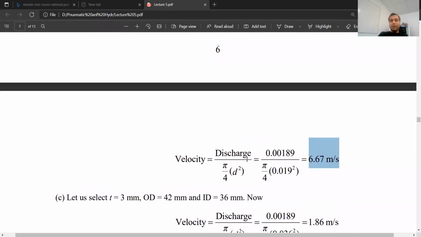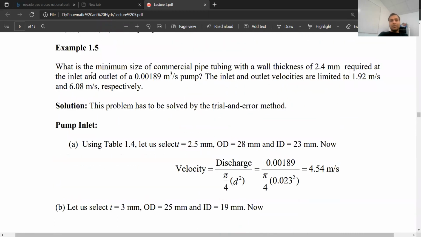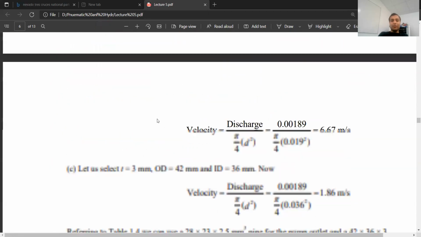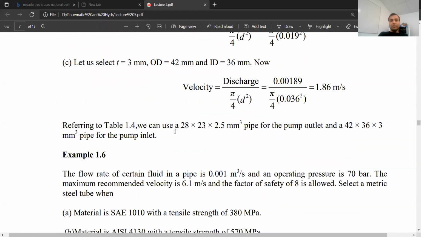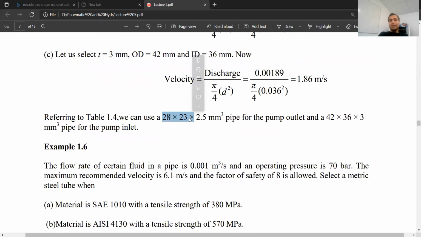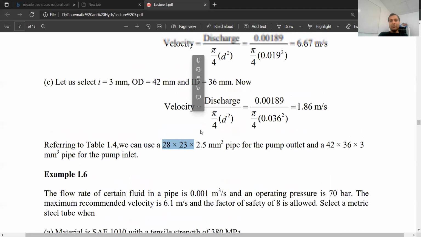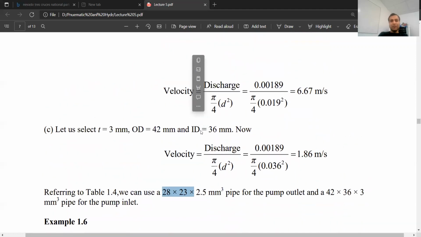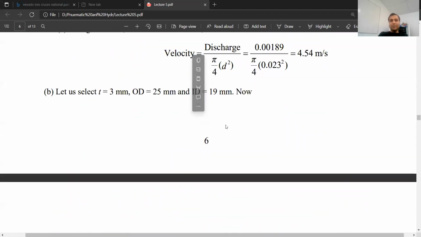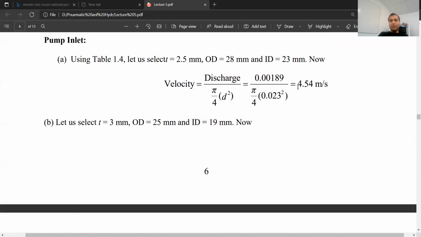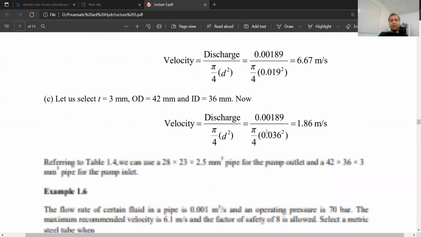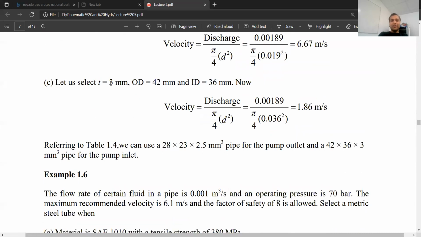So for the outlet we can use 6.08, we can actually use 28, 23, 2.5. Yeah, so we can use that one. So the difference is not that much. But if I use that much, you can see the difference is massive. So here I use the thickness 3, isn't it?